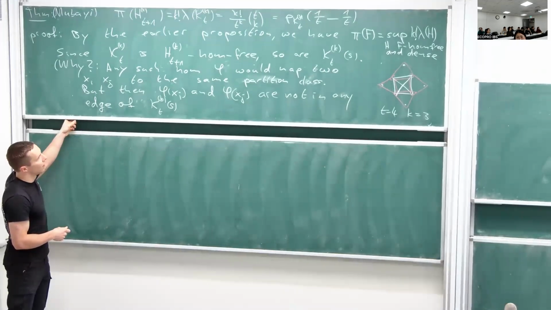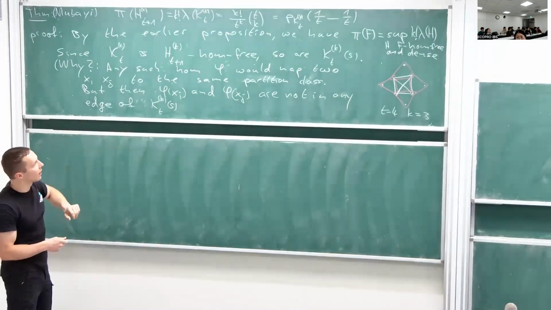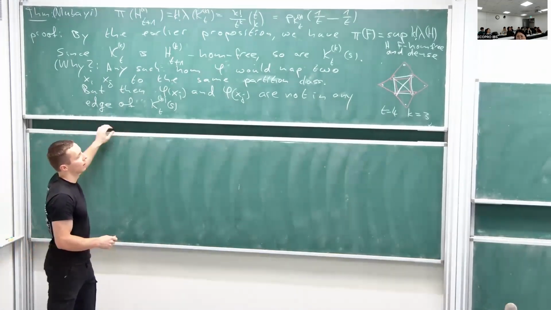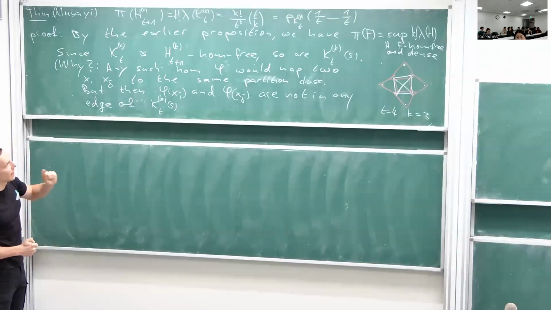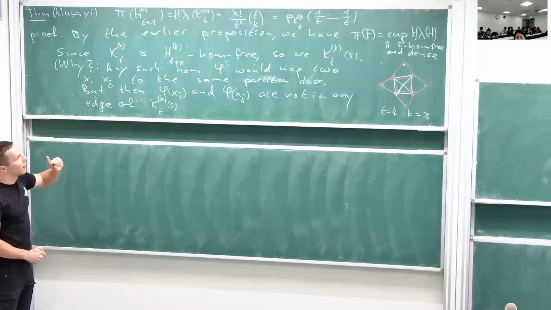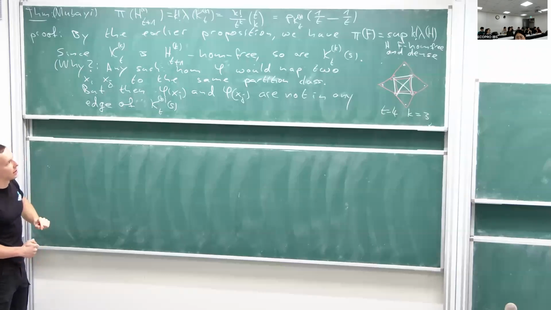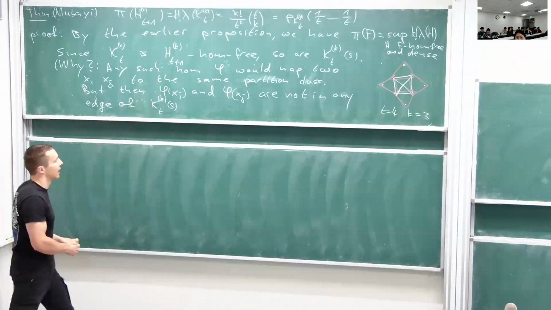So therefore, these cliques of size t are some of the candidates that we consider in this supremum. And on the other hand, I want to say that any dense hypergraph on at least t+1 vertices is not F-hom-free.